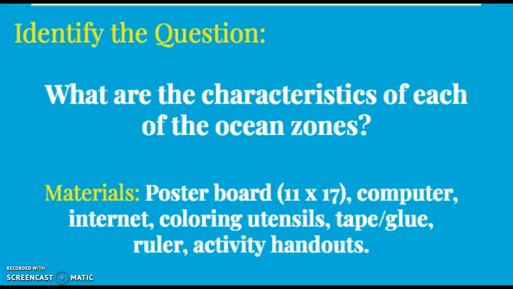Students will work on answering the question, what are the characteristics of each of the ocean zones? They'll be making a poster of the different ocean zones that they design on their own to show their understanding of integers. Before we study the ocean zones, which would be below sea level, to review their understanding of positive numbers and positive integers, we will look at studying the layers of the atmosphere, and they will be required to show at least the troposphere on their poster.